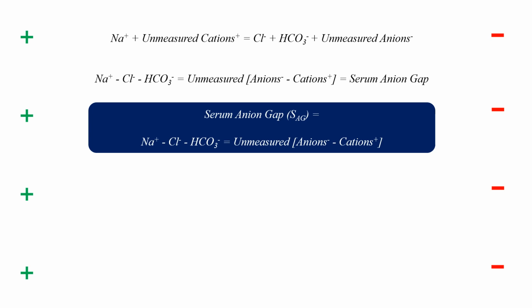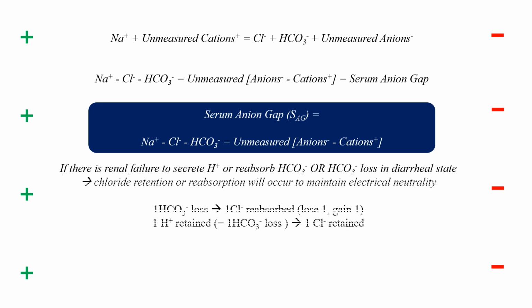However, when metabolic acidosis occurs because of the kidney's failure to secrete proton or reabsorb bicarbonate, or the gastrointestinal tract loses bicarbonate as seen in diarrheal states, there will be one equivalent chloride reabsorption. When we lose one bicarbonate, we gain one equivalent chloride.